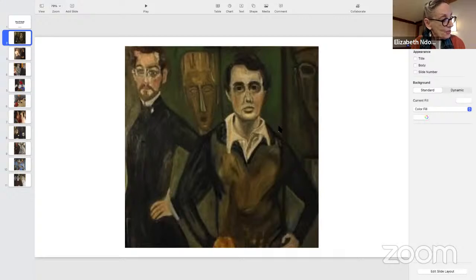This article also says that her references include artists like Diego Velázquez, Alberto Giacometti, and Amedeo Modigliani. These are all 20th century European artists that we have spoken about in the past.